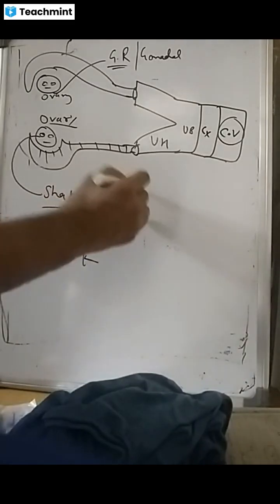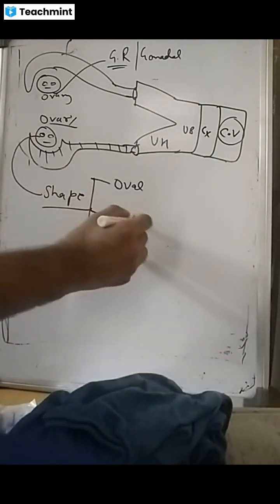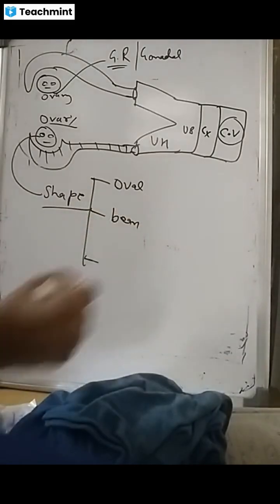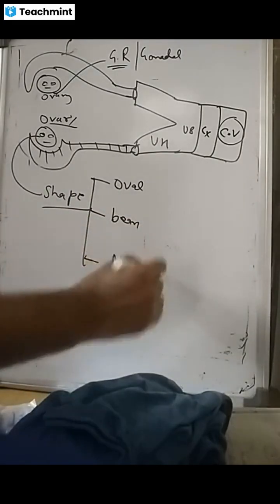One is oval, second is bean or kidney shape, and third is the almond shape.